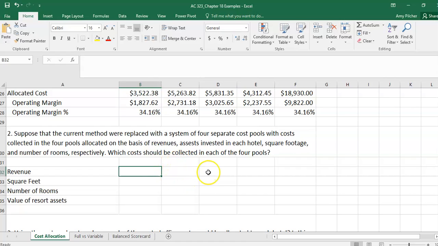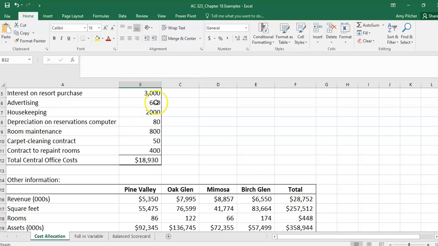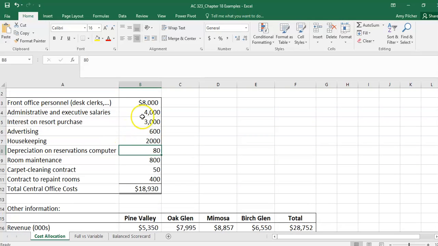So in the example, we have advertising costs, and the depreciation on computers, and administrative and executive salaries as the things that should go to revenue cost pool.